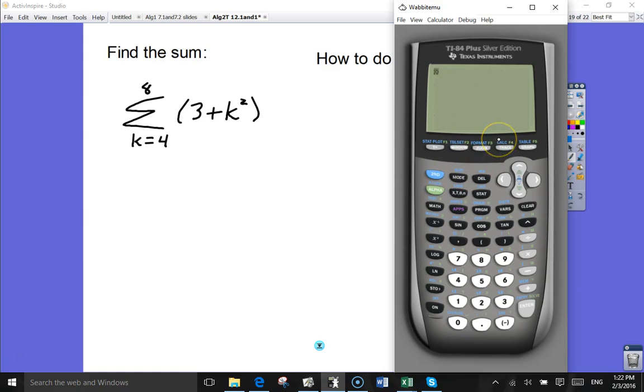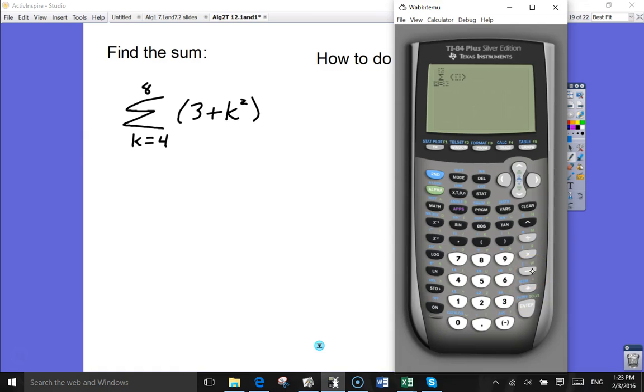Again, whether or not you change the mode, you can still do this, right? Hit the math button from the main screen, then scroll all the way to the bottom to the 0, and there it says summation. You see that? So go up to the 0 or just hit 0, and it'll bring up that summation notation.